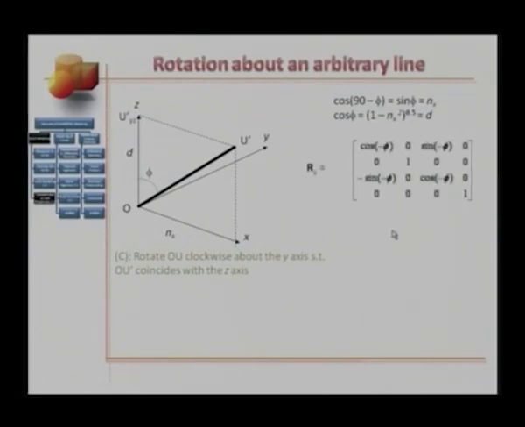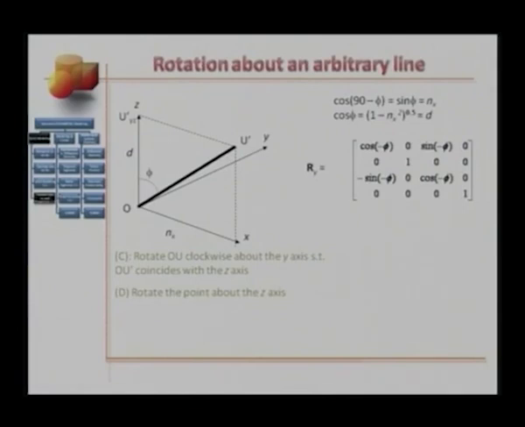So if we consider the rotation matrix Ry, we'll have 1 in the second row and second column, and then cosine, minus sine, sine and cosine terms. And remember, this is minus phi here. Why? Because we are rotating this line clockwise about the y-axis.